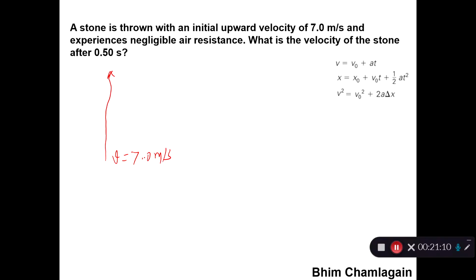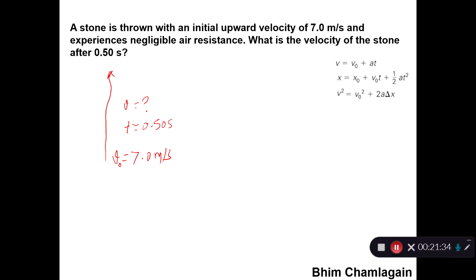You have to calculate the velocity after 0.50 second. So you have to calculate the final velocity.